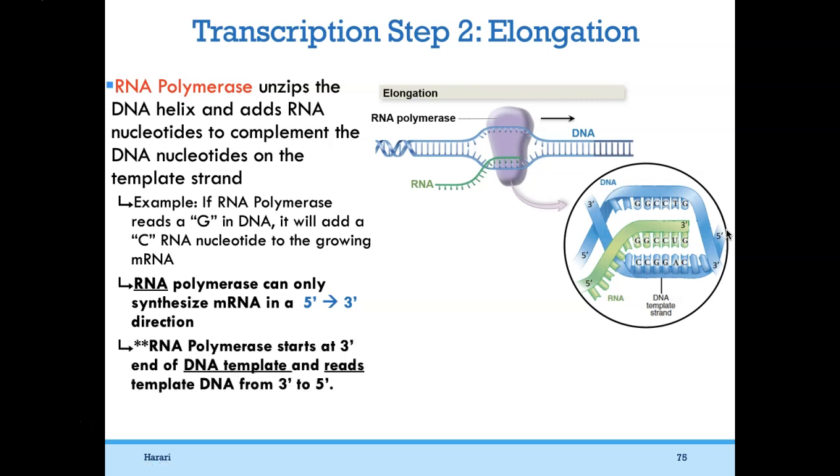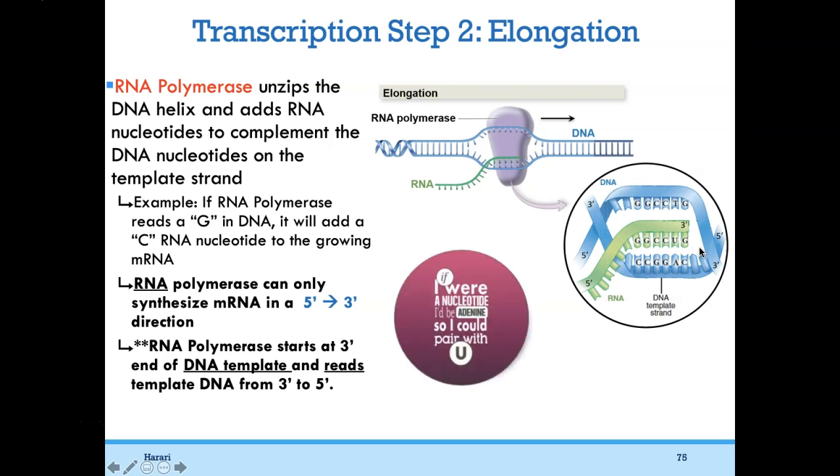So RNA polymerase starts reading at the 3' end of a template and will make new RNA 5' to 3'. And remember that if you're an adenine, you pair with U, with uracil in RNA.